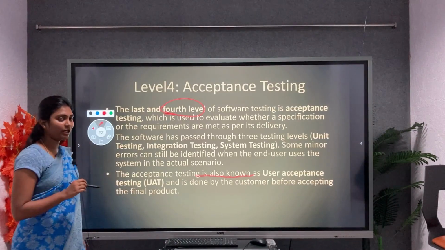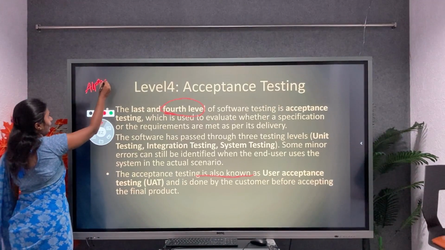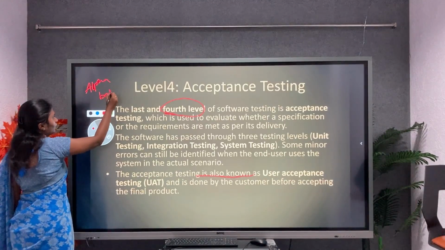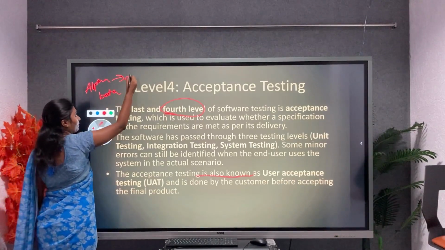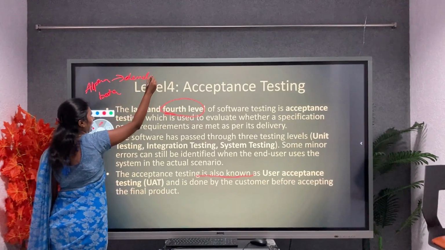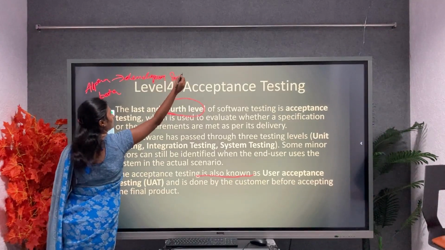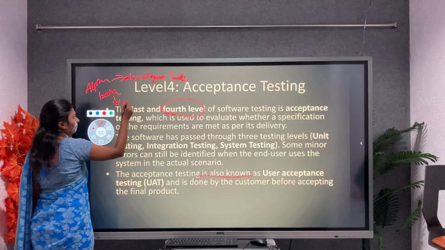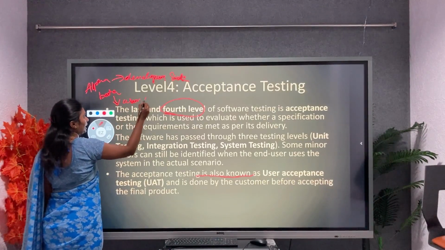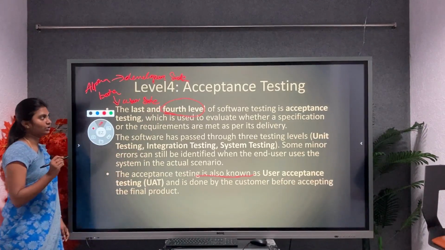I already said about the two things, alpha and beta. Alpha testing is done by the developer side. Coming to beta, it is done by the user side.